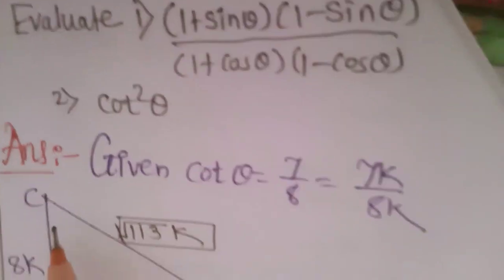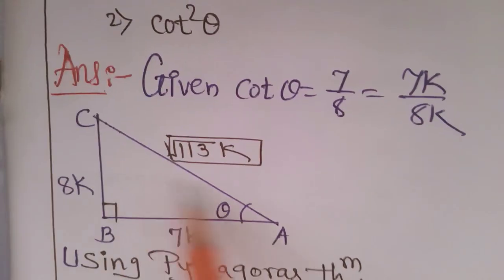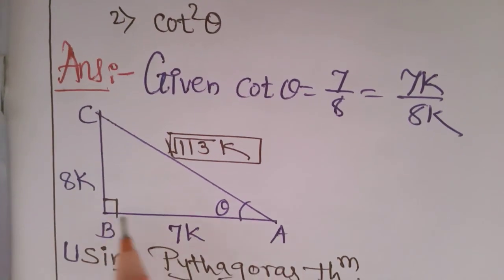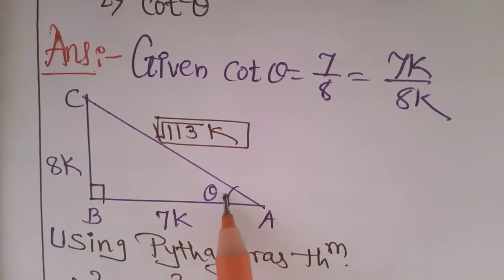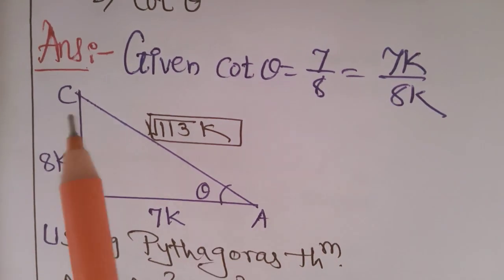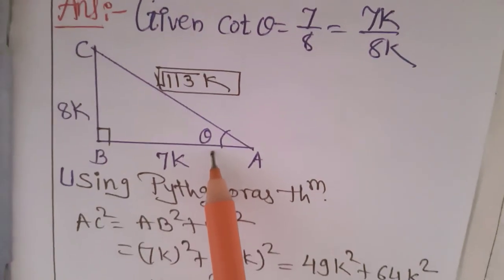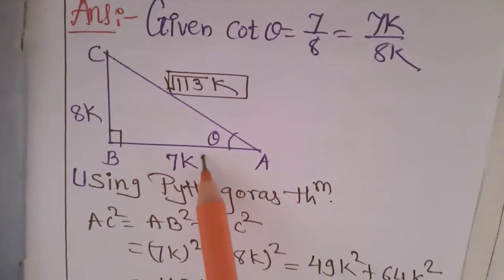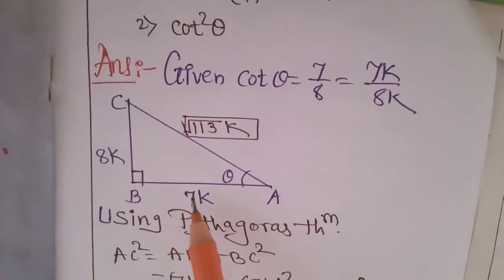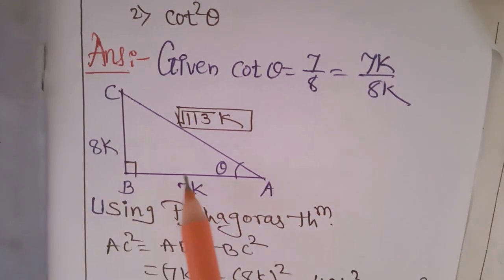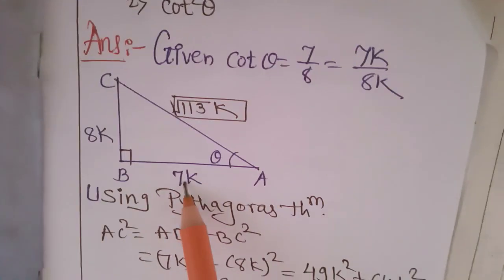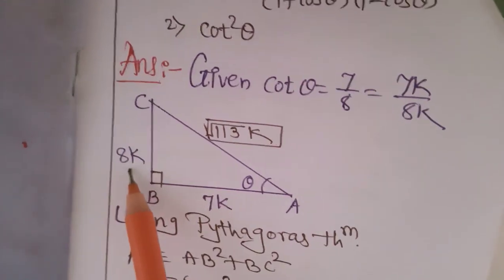See in the diagram, triangle ABC is given, angle B is equal to 90 degrees. Suppose angle A is denoted by theta. You can place theta here or here also by your choice. Now cot theta is given 7 upon 8. Definition of cot is adjacent upon opposite. Therefore side AB is equal to 7K and side BC is equal to 8K.